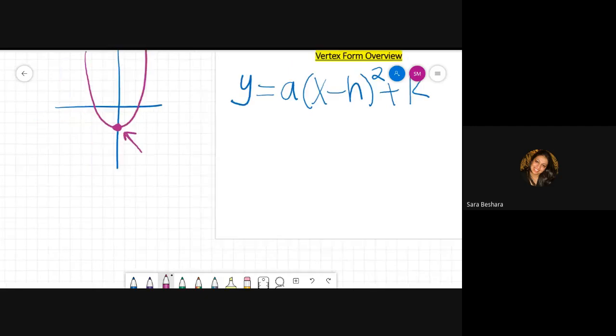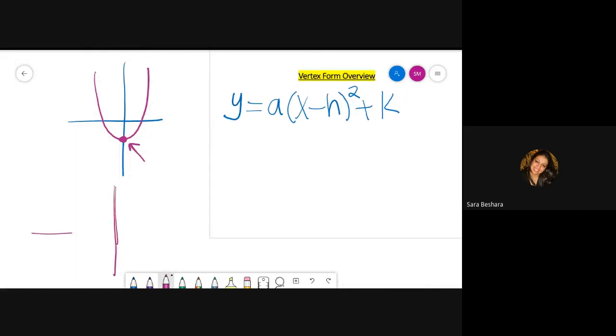If your parabola is looking down, like this right there, then this right here is the vertex, and it would be the highest point on the graph. So this is our h and k here, and it is also h and k here. It's where the vertex crosses the xy axis.